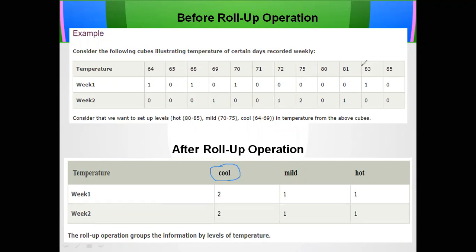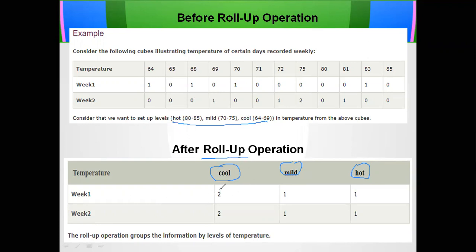After applying the roll-up operation, you will get more summarized data. These temperature values are converted into three different ranges: hot, mild, and cool. For cool, the temperature range is 64 to 69. For mild, it is 70 to 75. For hot, it is 80 to 85. Right. So instead of daily temperature, now my manager wants to analyze this temperature with respect to these three different categories, and that's why you can apply the roll-up operation here to convert this detailed data into more summarized data.